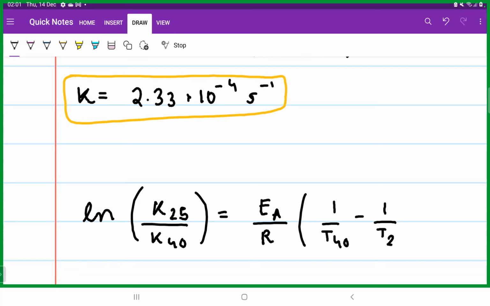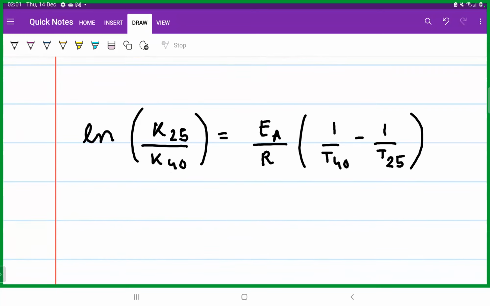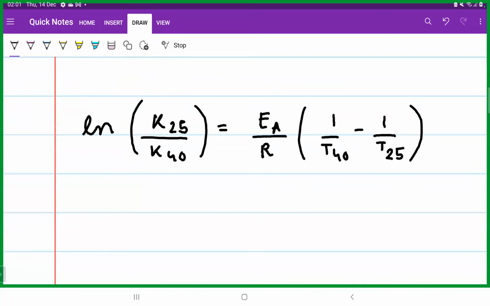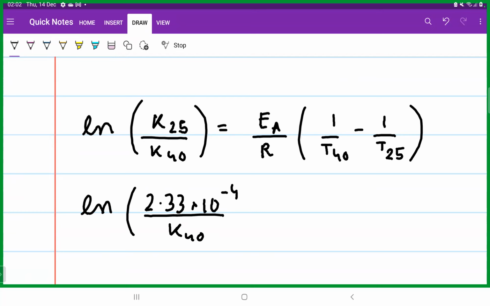Now I wrote it this way because I have to convert this into Kelvin, right? 40 is not what we are going to write here. So this will be ln 2.33 into 10 to the power minus 4 by K40, which is equal to the activation energy 70 kilojoule. So when we convert that to joule, this is what we will get.